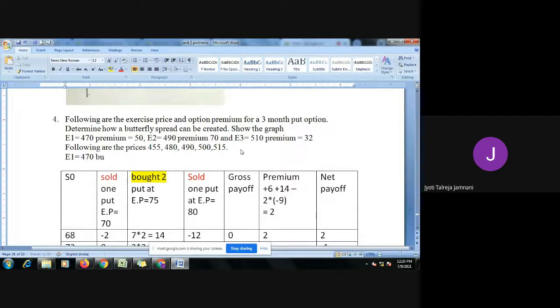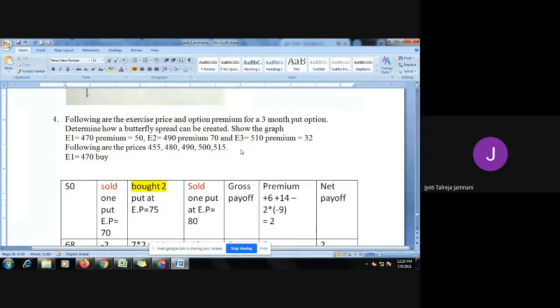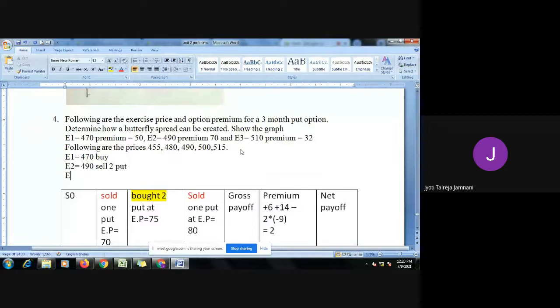I will buy here. E2 is equal to 490. I will sell two put options here, and E3 is equal to 510. I'll sell one put option. Sorry, I'll buy one put option.